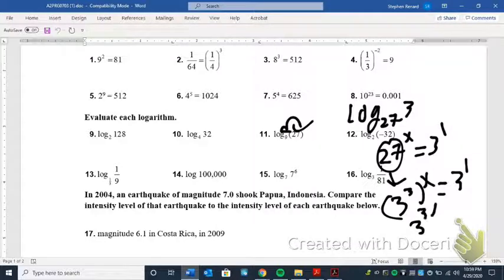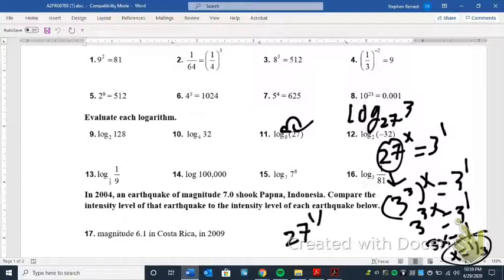That means I have 3x equals 3 to the first power, or 3x equals 1, or x equals 1/3. So that means that 27 to the 1/3 power equals 3, which is true because remember, if I have fractional exponents, that means that they're roots. 27 to the 1/3 is the same thing as the third root of 27. And that is how it is done.